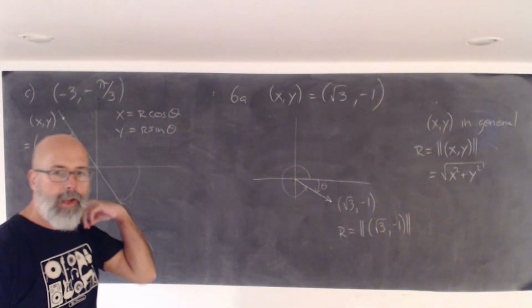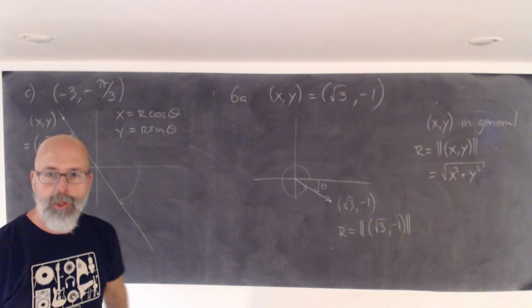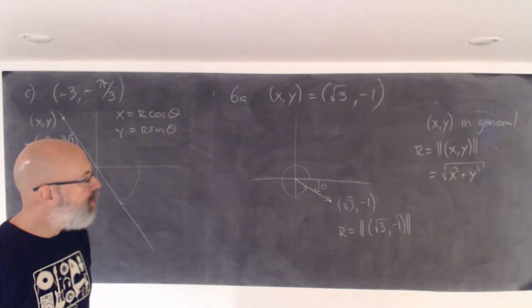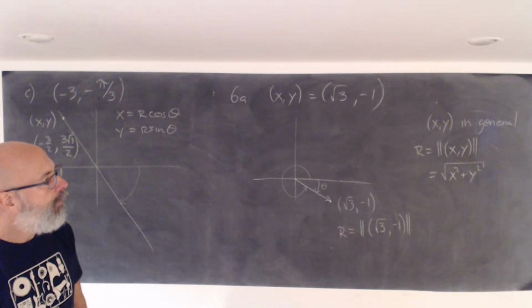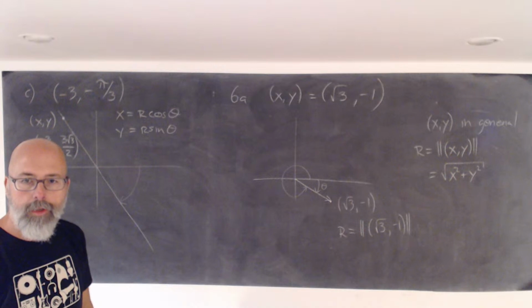We saw that r squared was x squared plus y squared. So r is just the length of the vector. There it is.